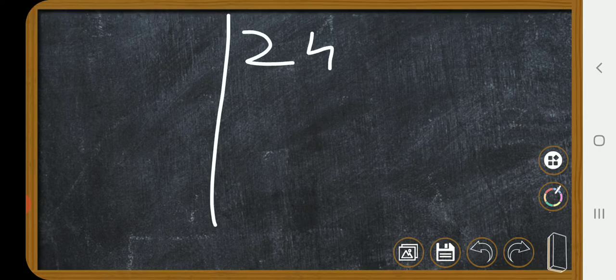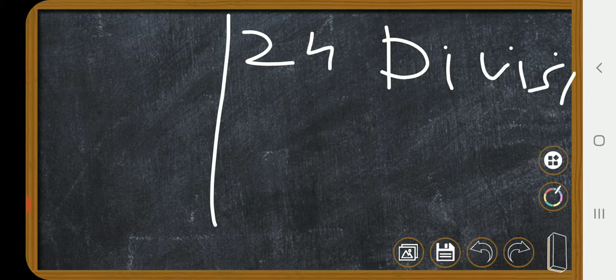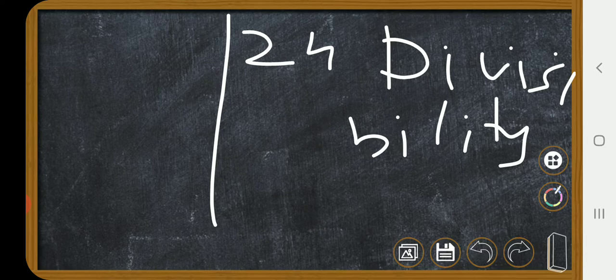To find the divisors or factors of the given number, you should know the divisibility tests of 2, 3, 5, 7, 9, 8, 10, 11, 13, and so on. You should know these divisibility tests. We'll see that afterwards.